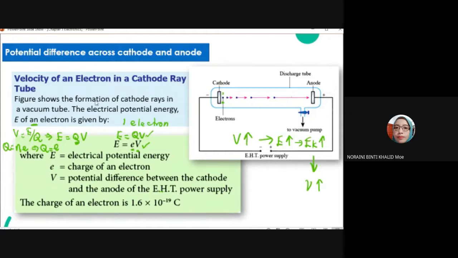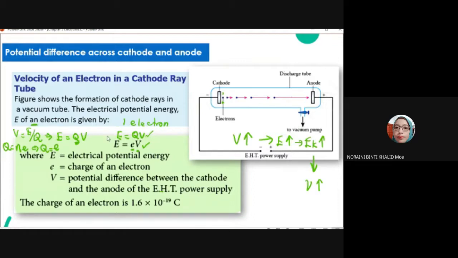So in this case, to determine the velocity of an electron, we just calculate for one electron. Thus Q equals NE. N equals 1 because one electron, so Q equals e.